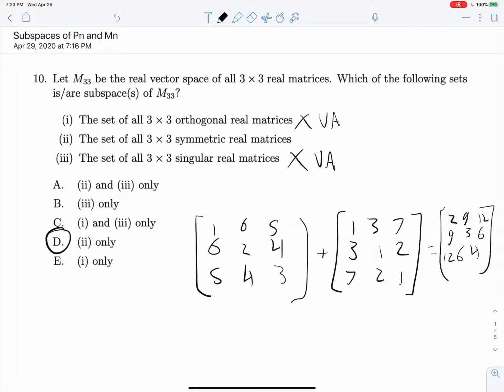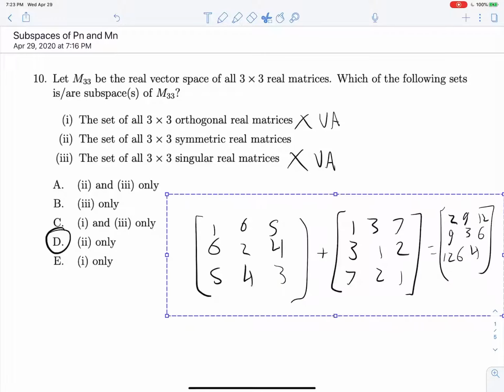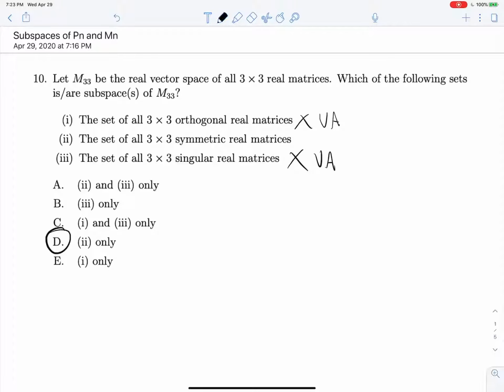So no matter what we do, we're always adding the same thing across the main diagonal. And then finally, our final reason why this is a subspace of M33, I don't really like how they're writing this here, but whatever, is because the zero matrix is symmetric, right?